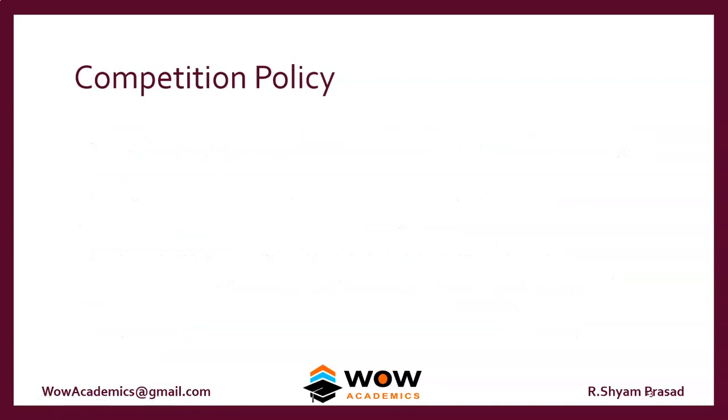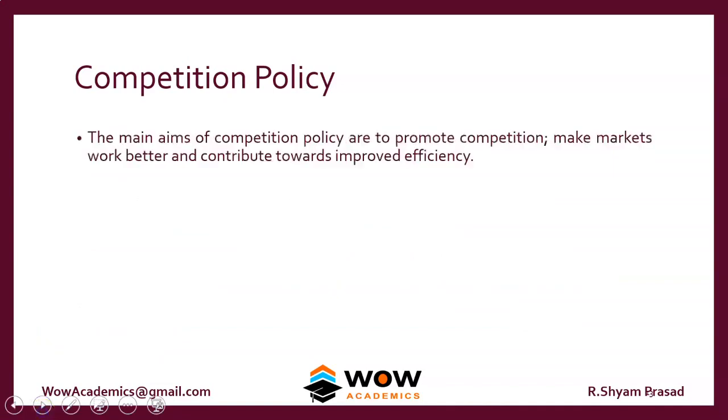Now we'll move on to the second part of the chapter, which is called competition policy. The main aims of competition policy are to promote competition, make markets work better, and contribute towards improved efficiency. Competition policy helps to ensure there's healthy competition among the companies.